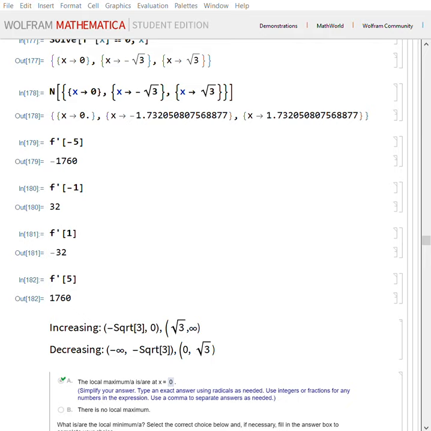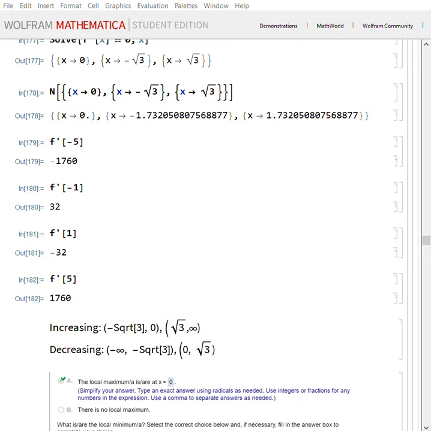Increasing from negative square root of 3 to 0, positive square root of 3 to infinity, then decreasing, negative infinity to negative square root of 3, from 0 to positive square root of 3.